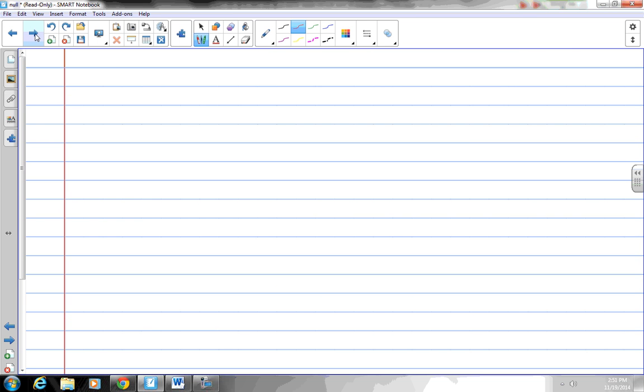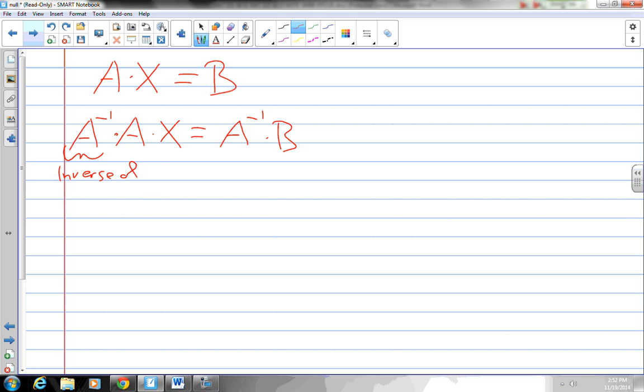So the idea is, if you have a system A times X equals B, then to solve the system, you just multiply both sides by the inverse. This is the inverse of A. Now the product of a matrix with its inverse is always going to be the identity matrix.